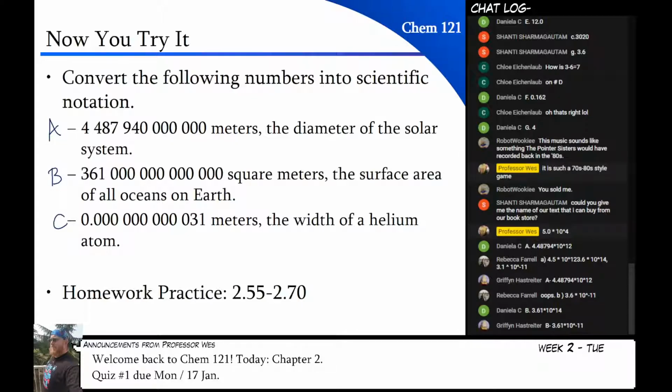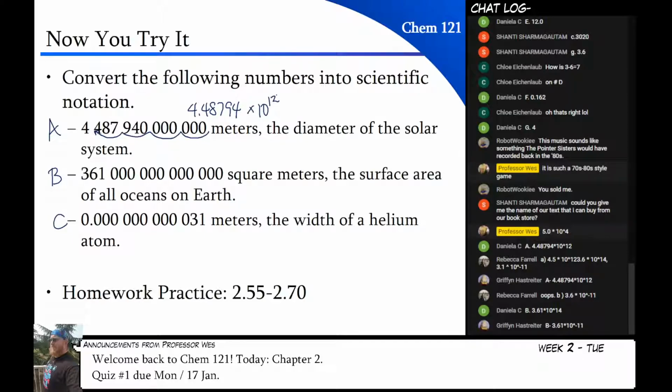I don't know. All right, so I put these little spaces every 3 to make it easier to count for myself. So 3, 6, 9, 12. So this should be 4.48794 times 10 to the 12. I'm just chopping off all the rest of the zeros.